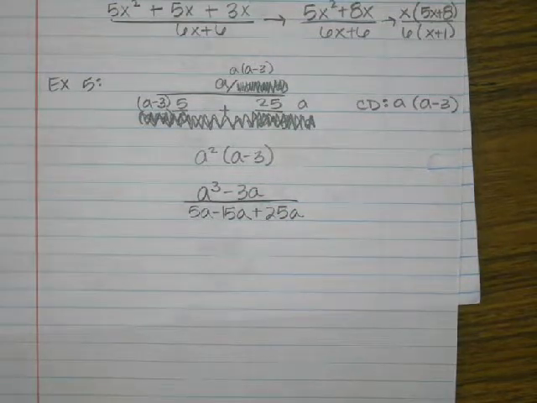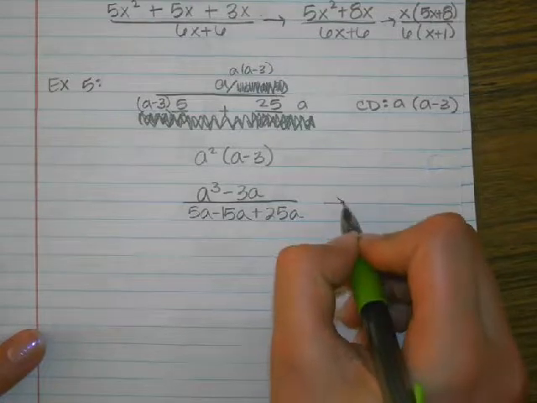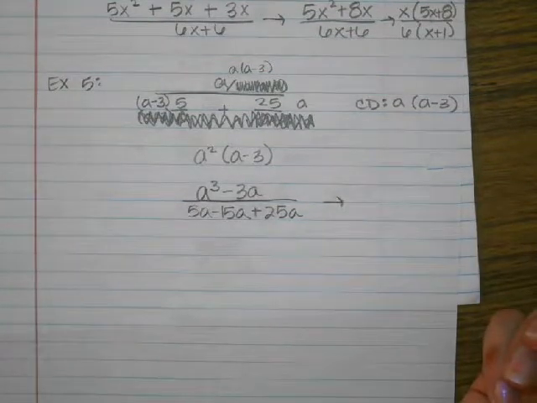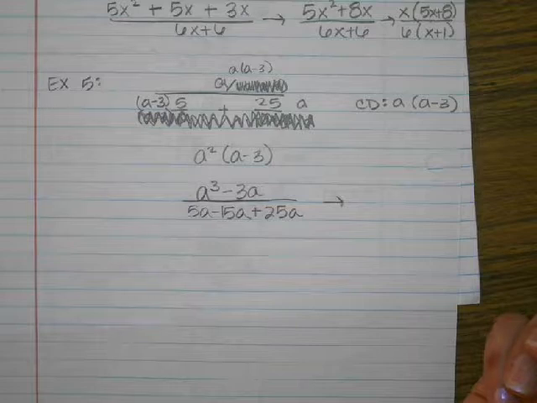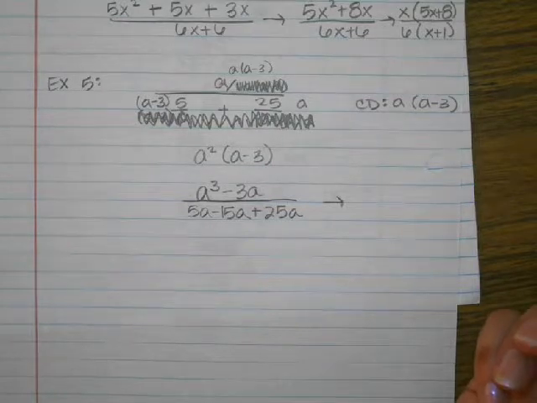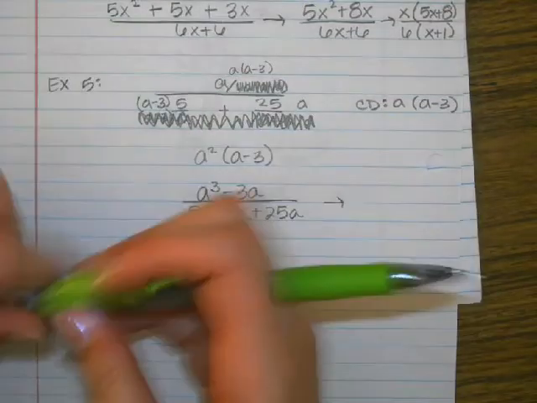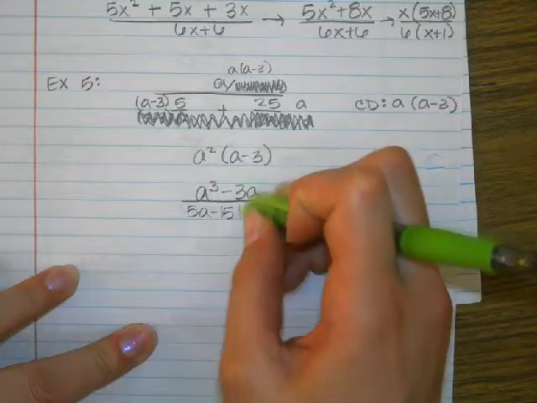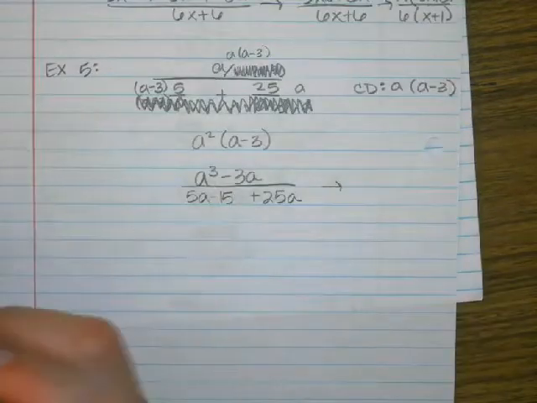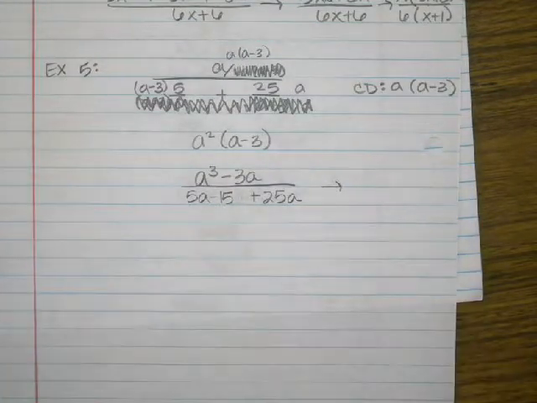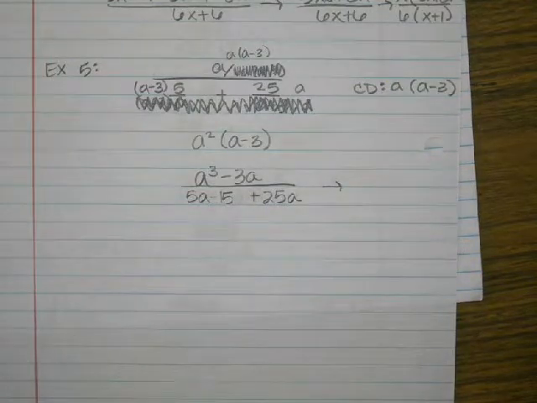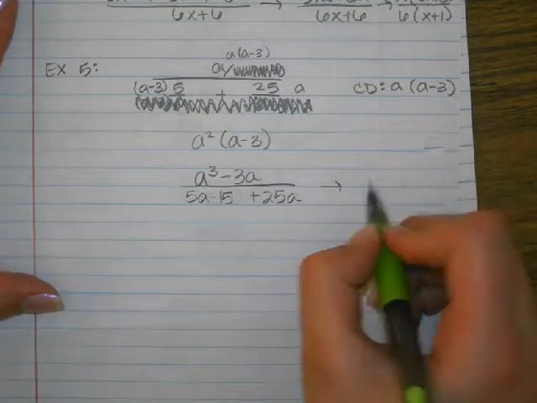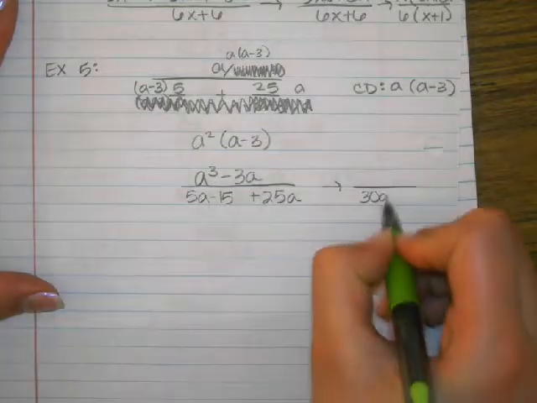5A minus, it's 15. It's not 15A. Sorry. That's just 15. My bad. So we've got to combine like terms, right? 30A, that's still minus 3.